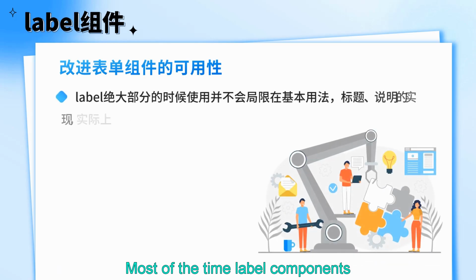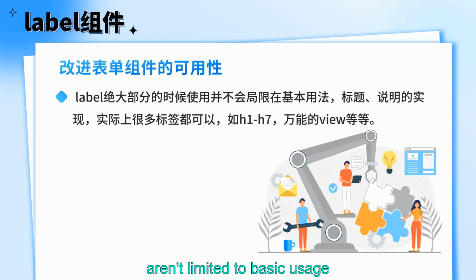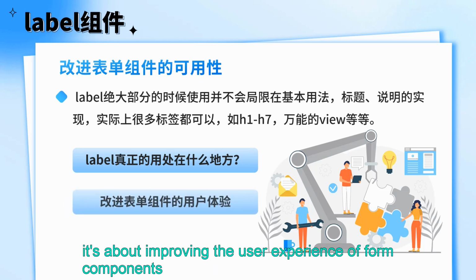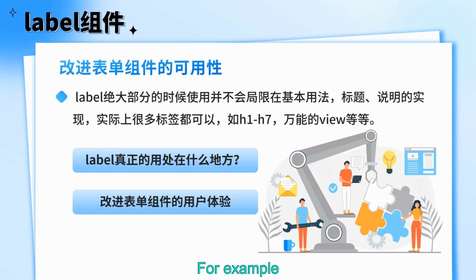Most of the time, label components are limited to basic usage. In fact, many tags can serve as headings, such as H1 to H7 tags, or view components, among others. Where does the label component truly shine? Actually, it's about improving the user experience of form components.